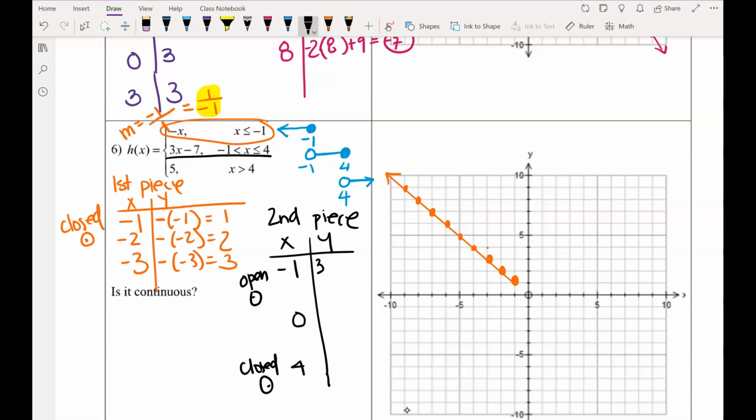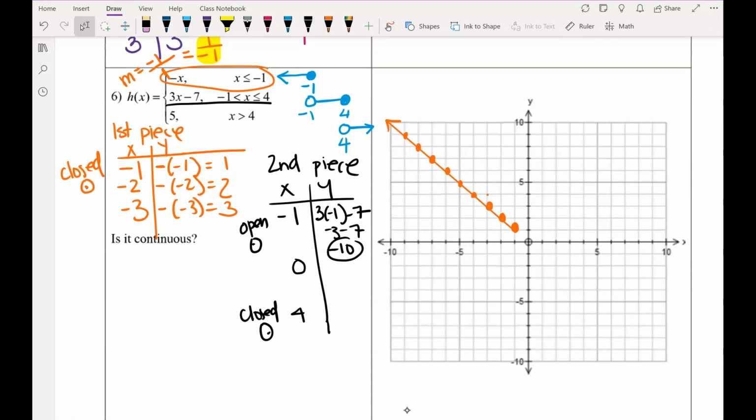So let's plug it in. 3 times -1 minus 7. 3 times -1 is -3 minus 7. This is -10. Okay. Next, let's plug in 0. 3 times 0 is 0 minus 7. This is -7. And lastly, 3 times 4 minus 7. So that's 12 minus 7. So that's going to give me 5.